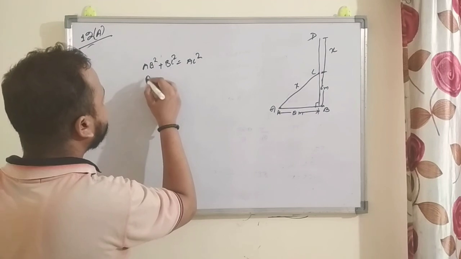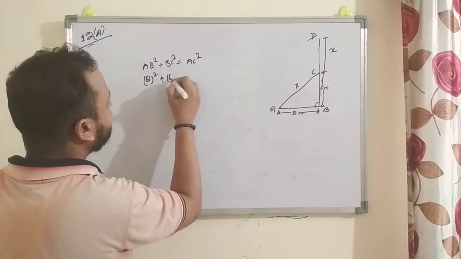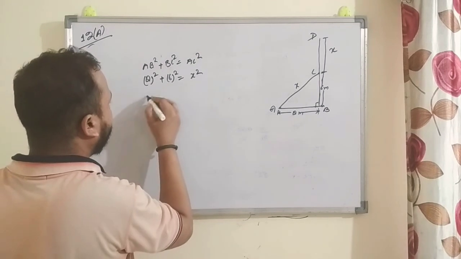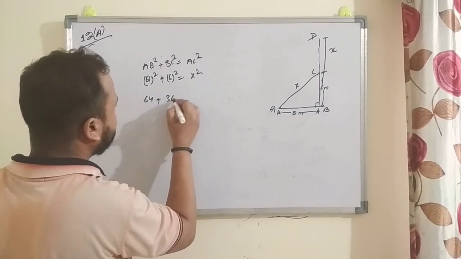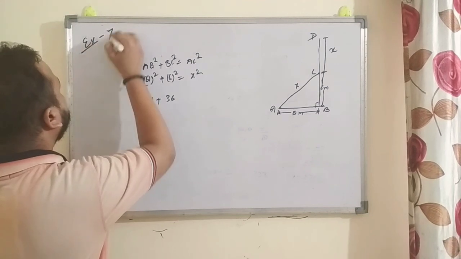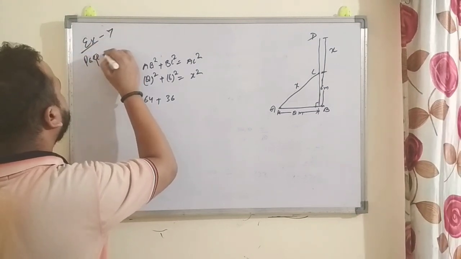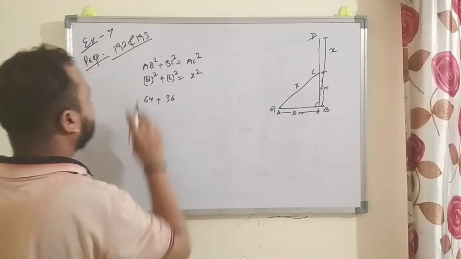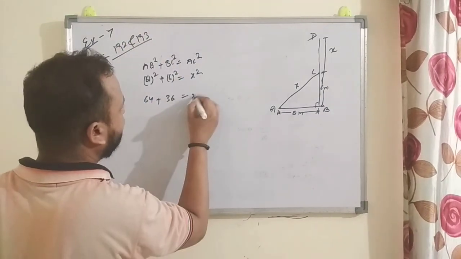So 8 square plus 6 square is equal to x square. 8 square is 64 plus 36, that's equal to x square.